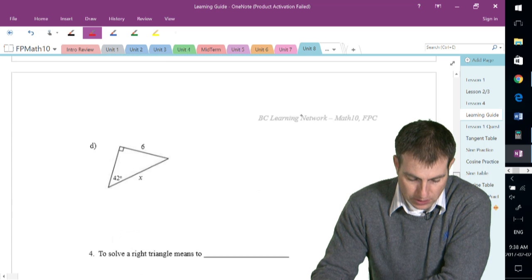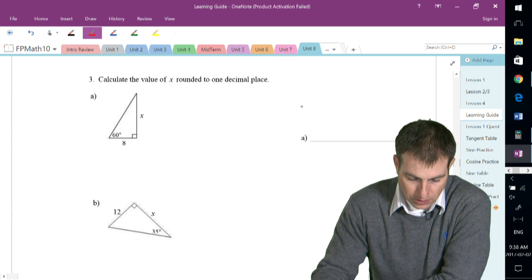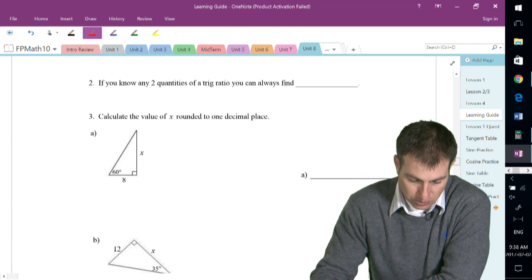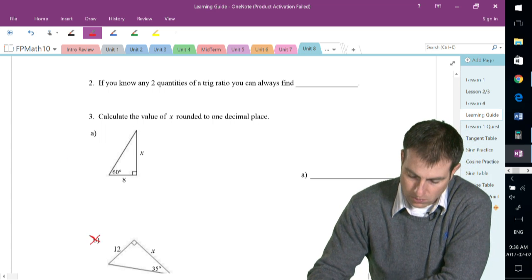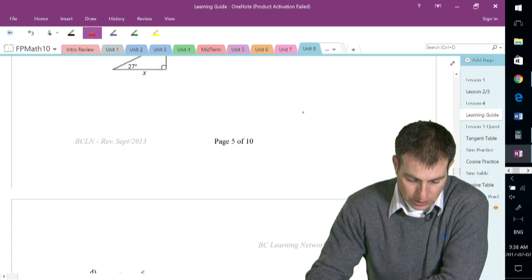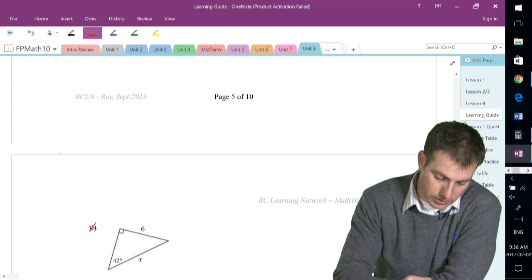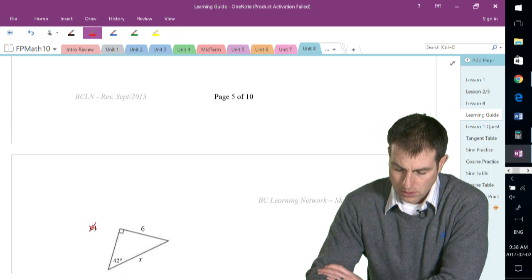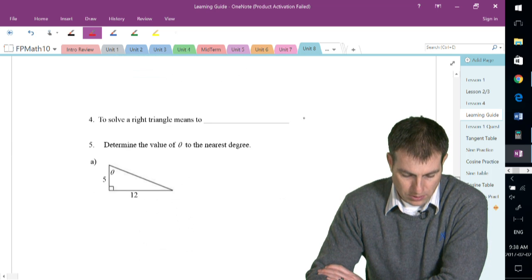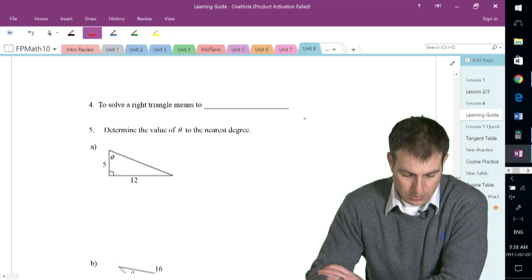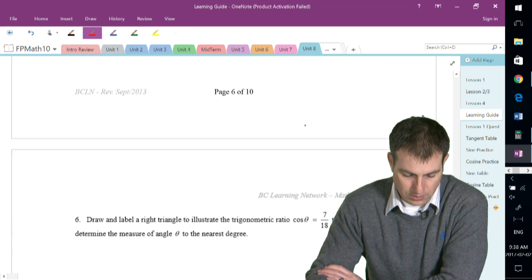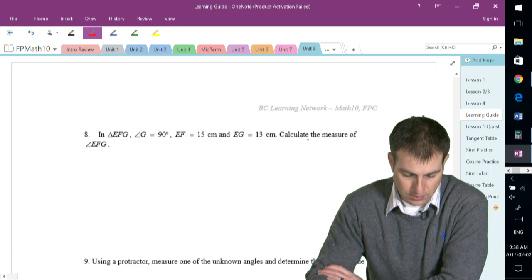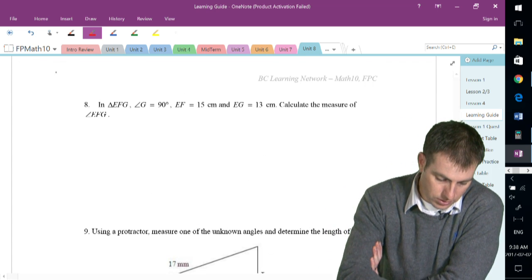Okay, so A, B, C, D. Let's do number 3. This is on page 5. Number 3, we'll do A. We'll get rid of B. We'll do C. And we'll get rid of D on the top of page 6. We'll get rid of number 8.